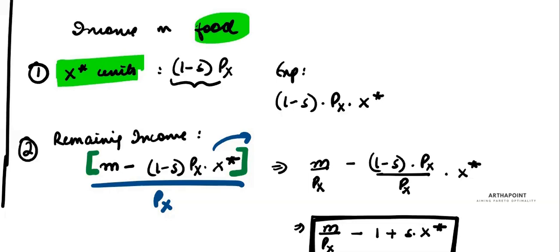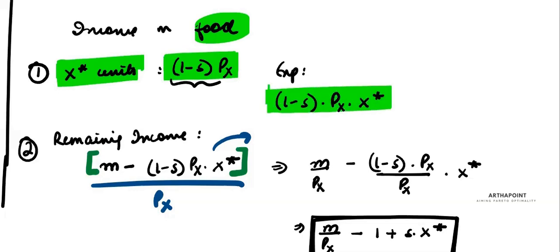The price that he is going to pay for it is going to be 1 minus S into PX. So we get this. And from the price that he pays, he is going to buy X star units. So this is the amount of units that he buys. This is his expenditure.